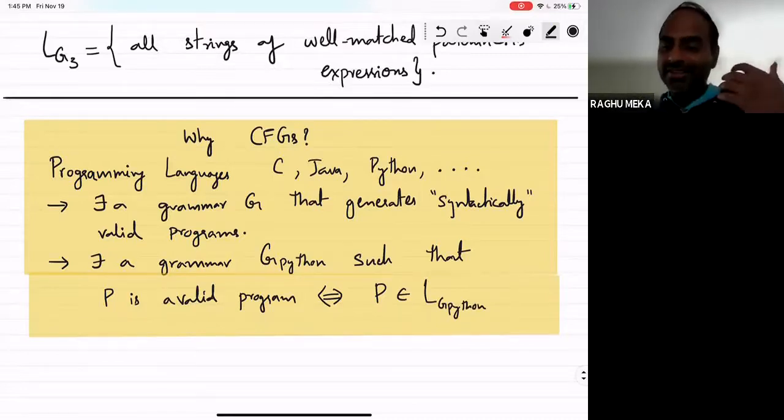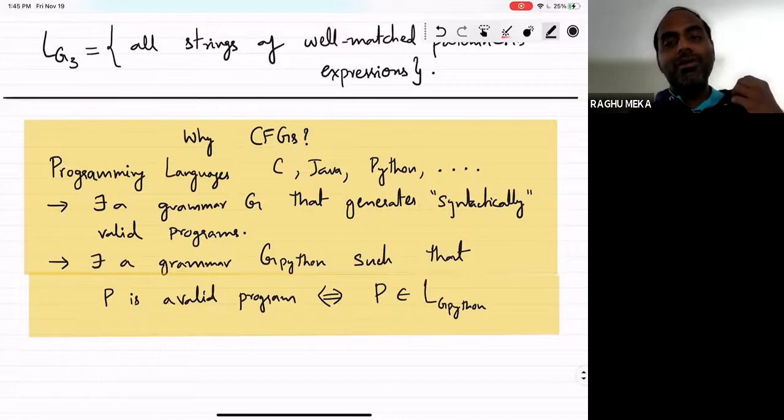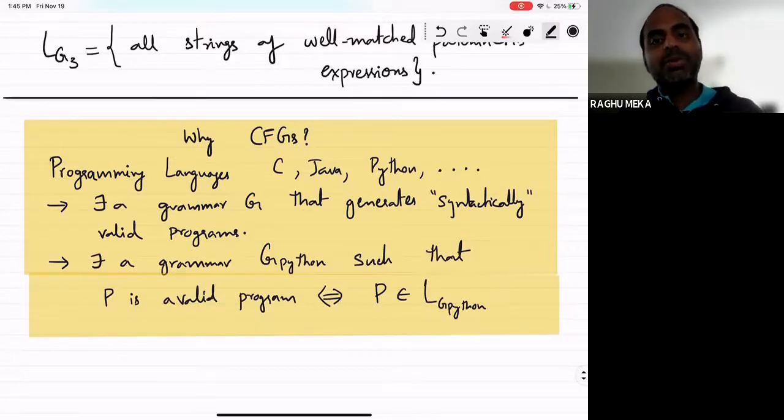And this is not just an existential statement. In fact, the formal specification of these programming languages is by coming up with this set of valid grammar rules.